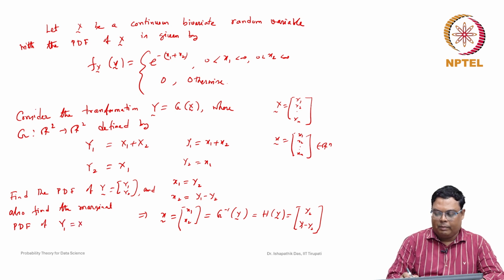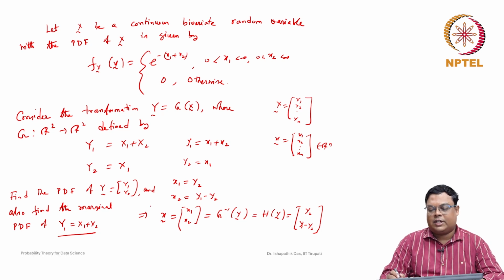We are basically interested in the probability density function of x1 plus x2. In some questions the transformation will not be explicitly given as R2 to R2; we are just interested in the density of x1 plus x2, but the theorem needs a transformation from R2 to R2. So we consider a bivariate transformation R2 to R2 and then integrate out y2 from the bivariate distribution. Once we have the bivariate density, we can find the marginal of y1. In this example, we will do that.